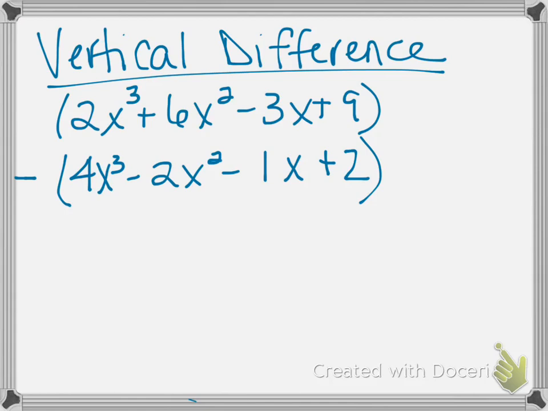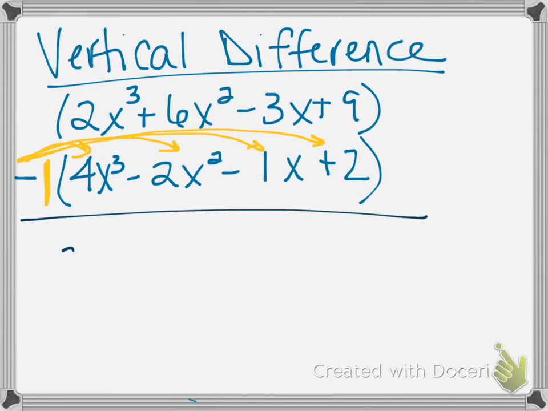And again, here is that negative sign. So if I think about it as a -1, I have to distribute that -1 and change the sign of everything inside. So I'm going to rewrite the top. I would have 2x to the third plus 6x squared minus 3x plus 9.